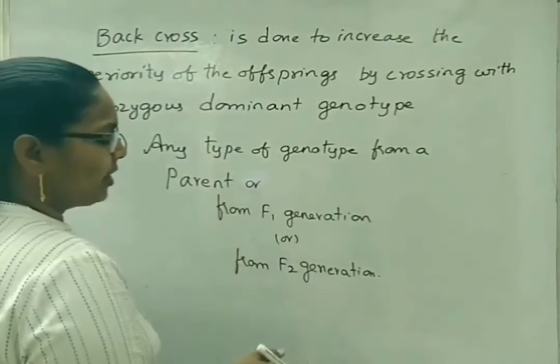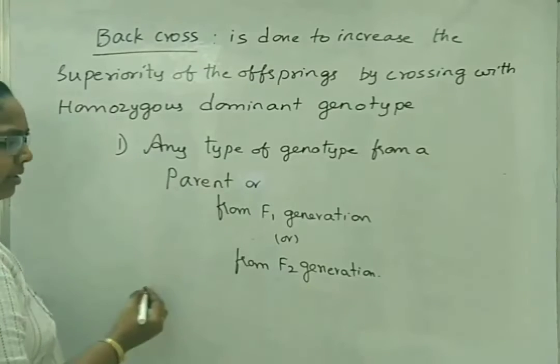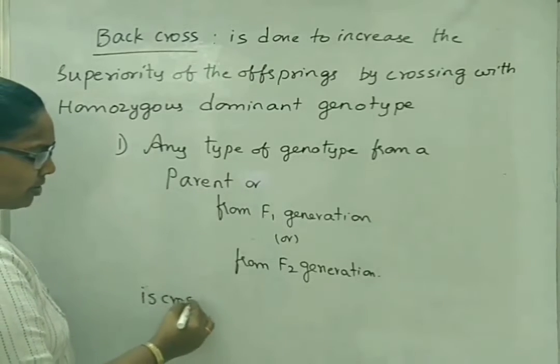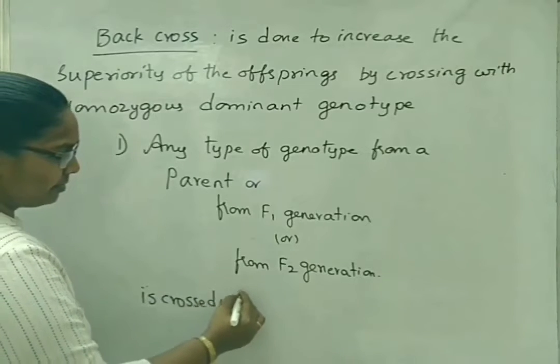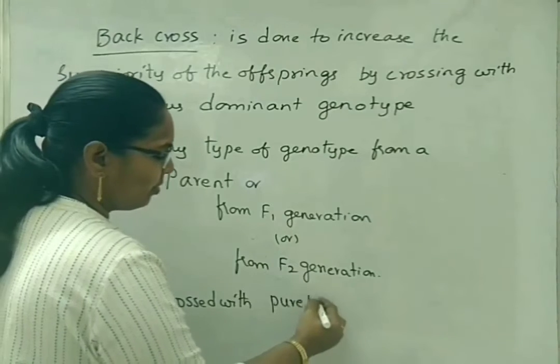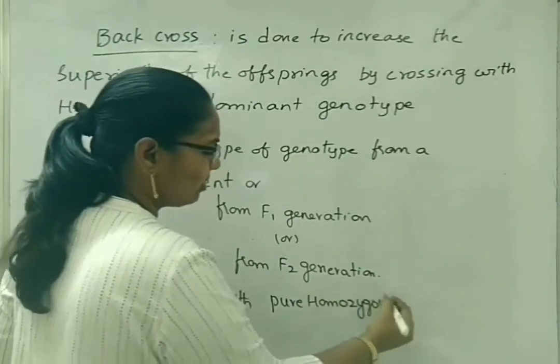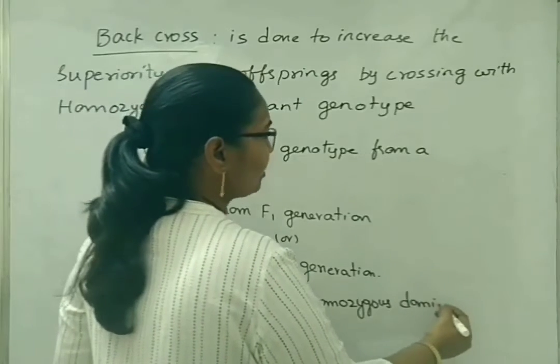We can take any of the genotypic alleles and we can cross with the pure dominant one, that is, crossed with pure homozygous dominant alleles.